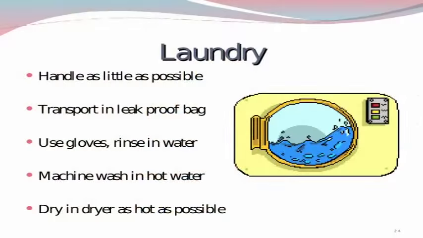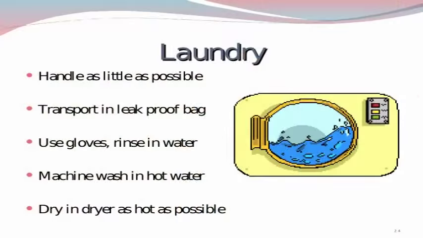If it's laundry, you want to handle it as little as possible. So again, if you need to transport it from one area to the laundry room, try to put it into a plastic bag, something that's not going to be used over again. If we put it into a laundry hamper and it sits there, those germs are in the laundry hamper.